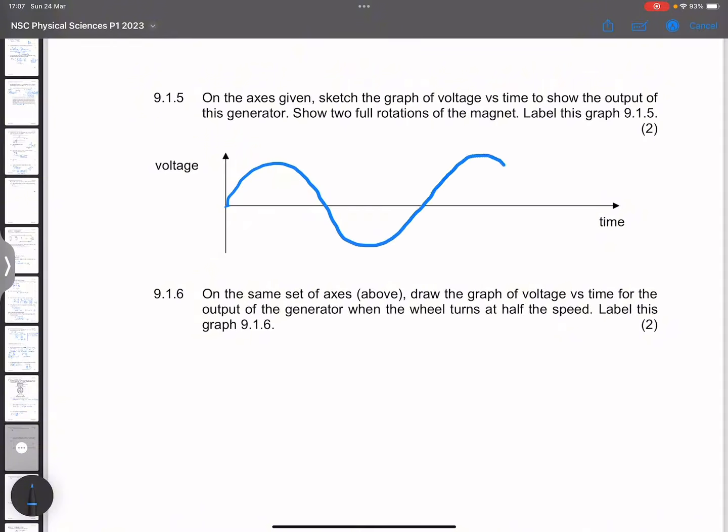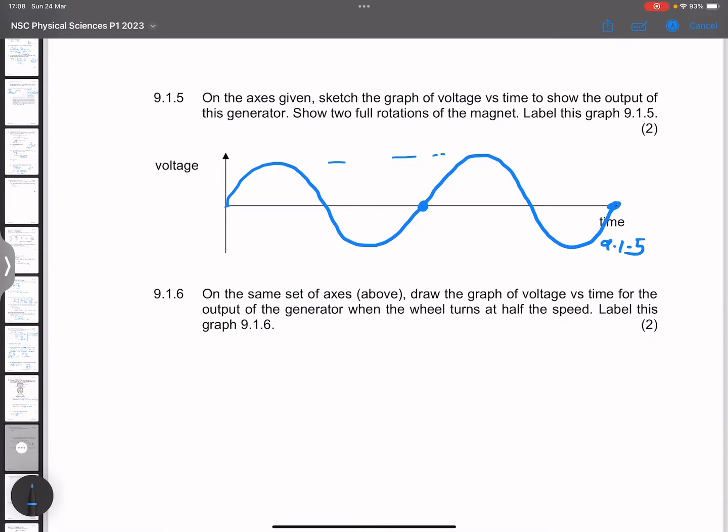So these are what 2 full rotations would look like. Sorry that my peaks are not equal, but they should be. This would be the first one and this would be the second one.